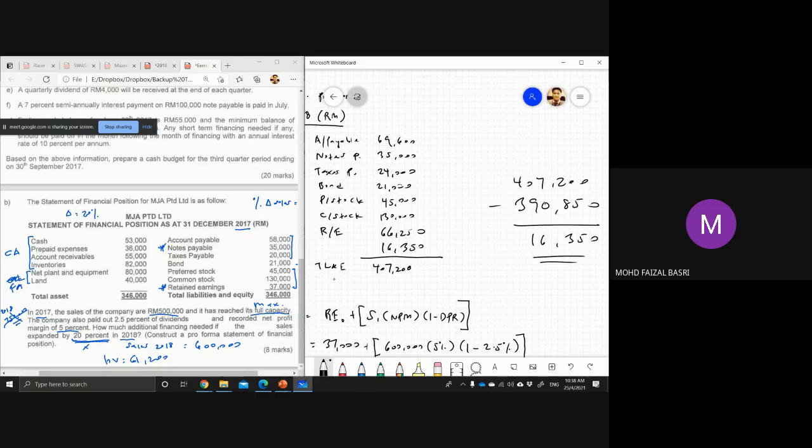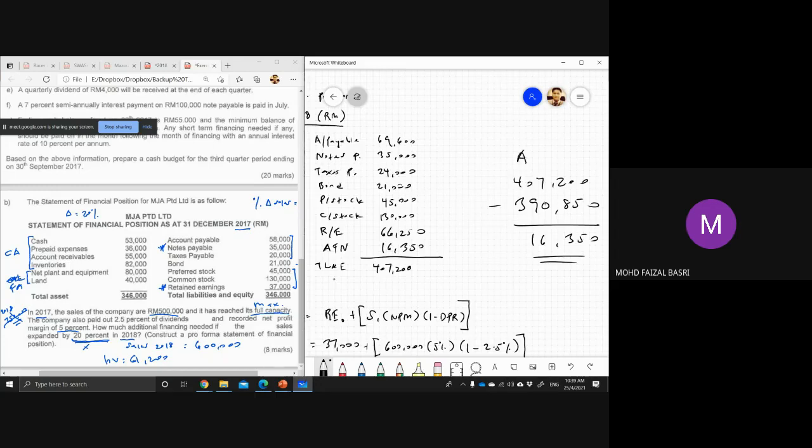So this 16,350 is what we call additional funds needed. Okay, this is the amount needed from external sources. Remember, the internal ones we already increased, right? We increased accounts payable, we increased tax payable, but the rest we keep constant except RE. RE will increase based on our estimations. So the one we still need to find is based on AFN.